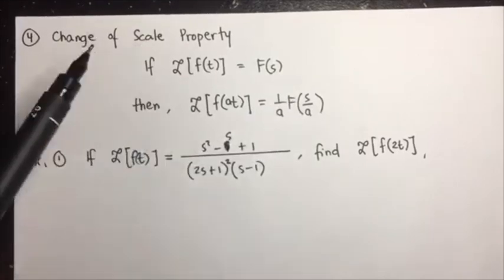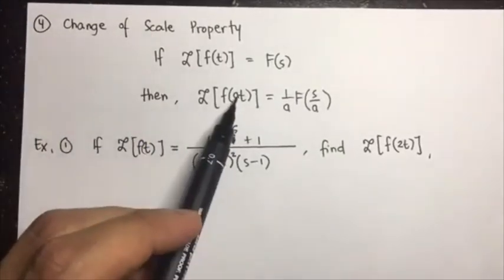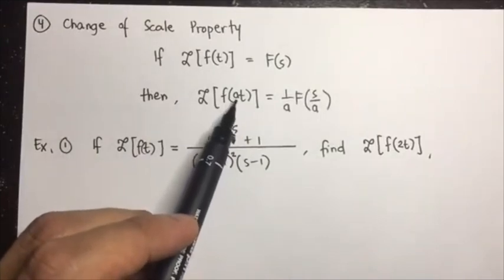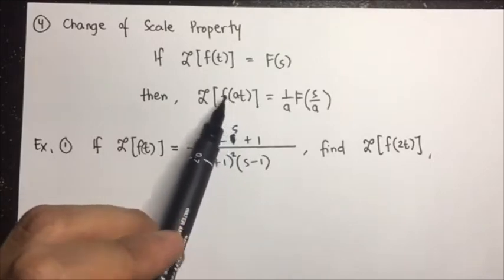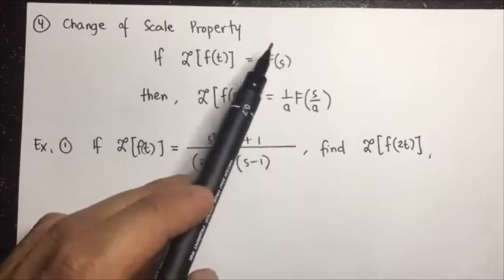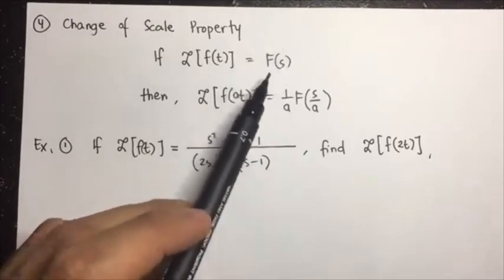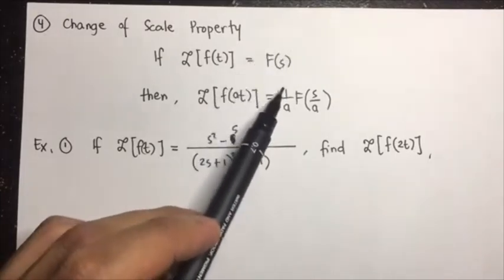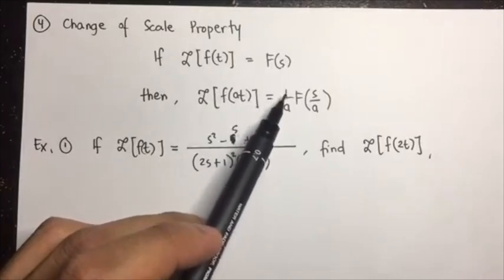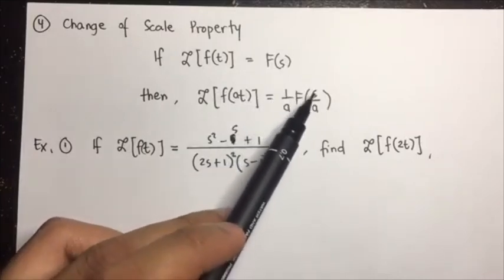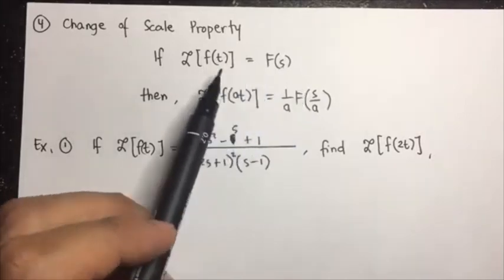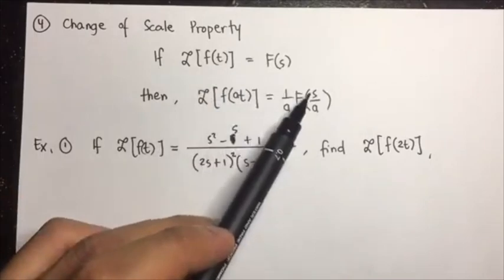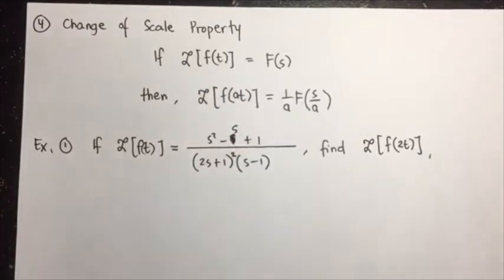This means that if we have a scale of a multiplied to t, it will correspond to a change in the Laplace transform by a factor of 1 over a, and all of the s in the original Laplace transform will be replaced with s over a.